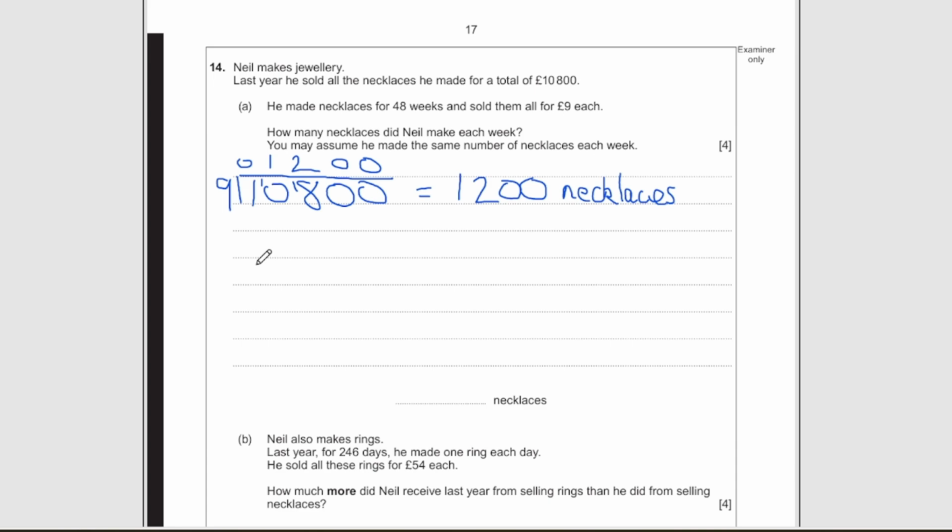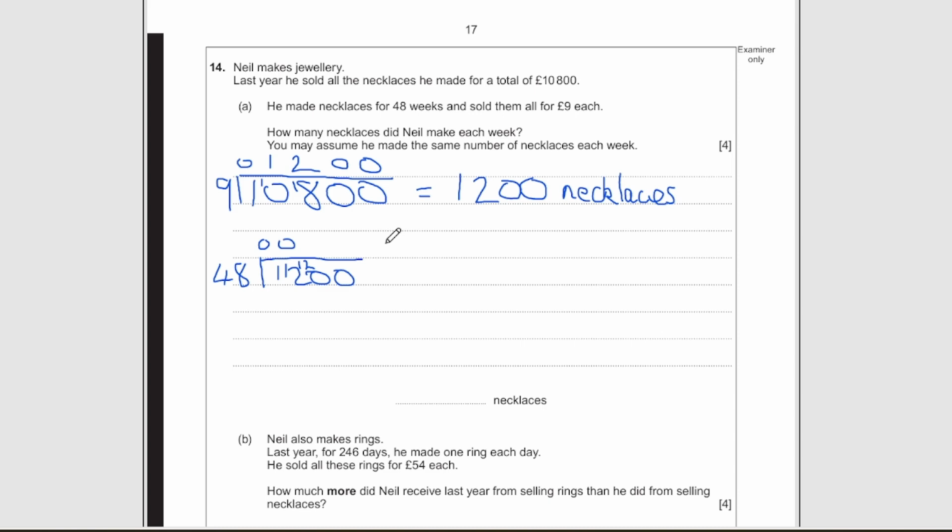So 1,200 divided by 48. This could get tricky. How many 48s into 1? That's 0. Carry 1. How many 48s go into 12? That is 0. Carry the 12. So 120 divided by 48 then. Well, you've got 48. Double it is 96.